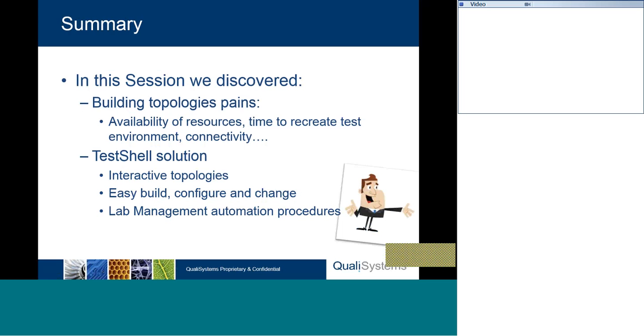You can work with an interactive topology, easily build, configure, and change any topology that you want or need to work with. And lab management automation procedures help us to start working immediately and not waste time configuring and trying to get the environment to start.